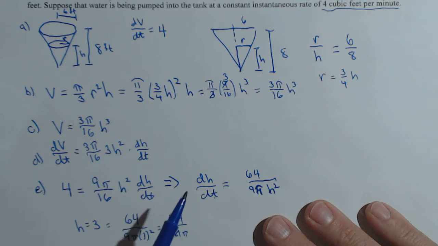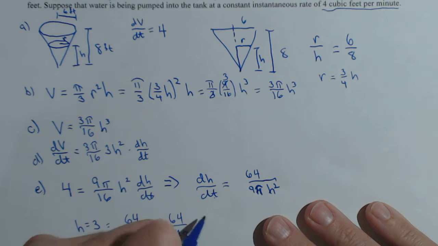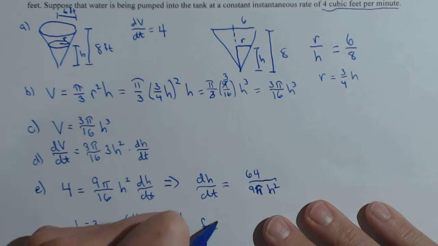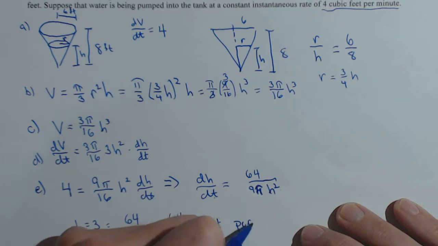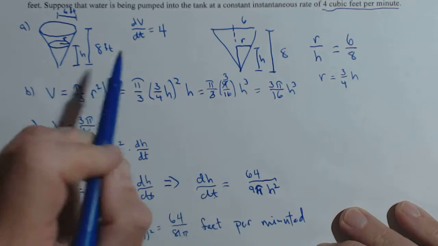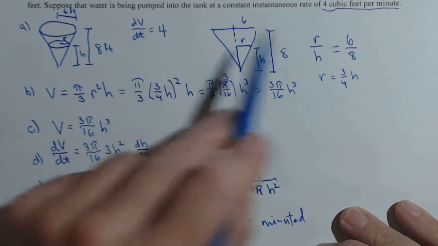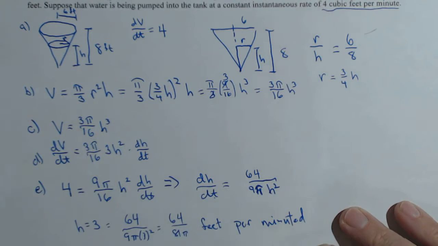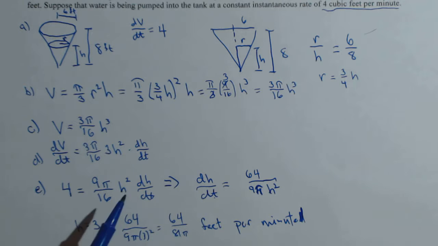And the units on this, because it's height, are going to be feet per minute. Again, we know this because our volume was changing at 4 cubic feet per minute. Now we can go ahead and find the rate that the height's changing for other heights just using what we found right here in part E.